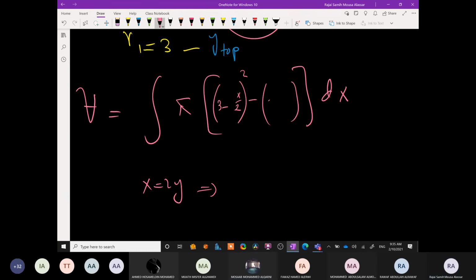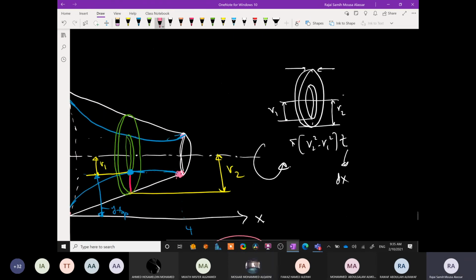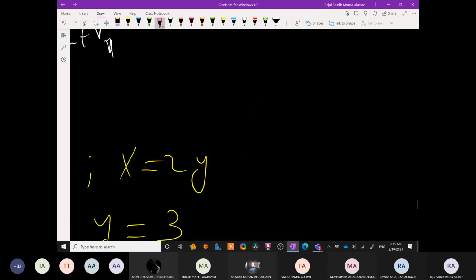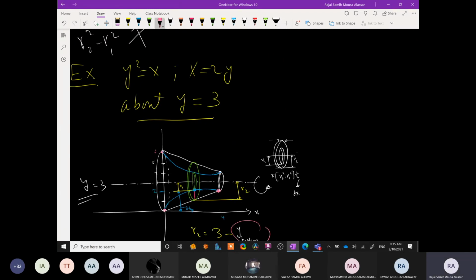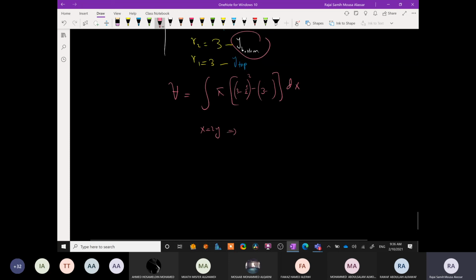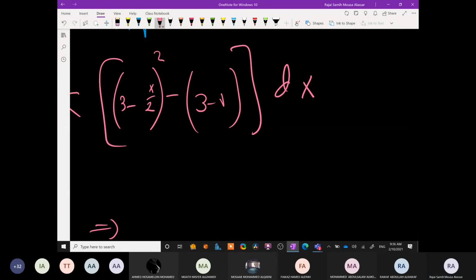Minus 3 minus y of the top function. So what is y of the top function in terms of x? The square root of x, and we have a square.